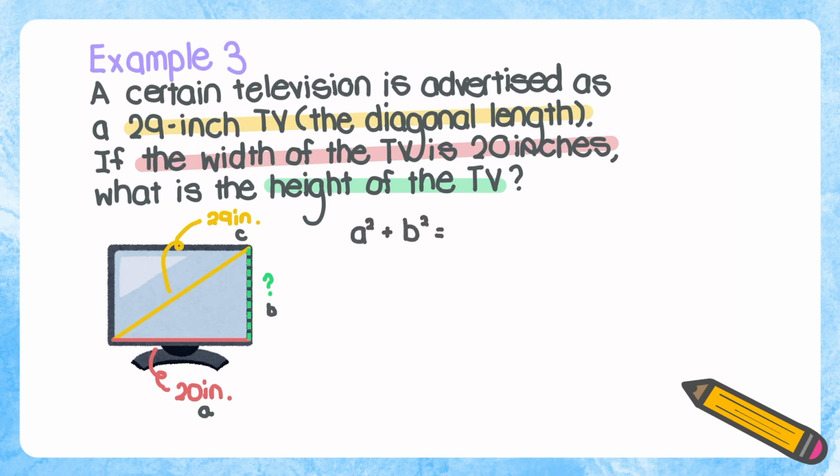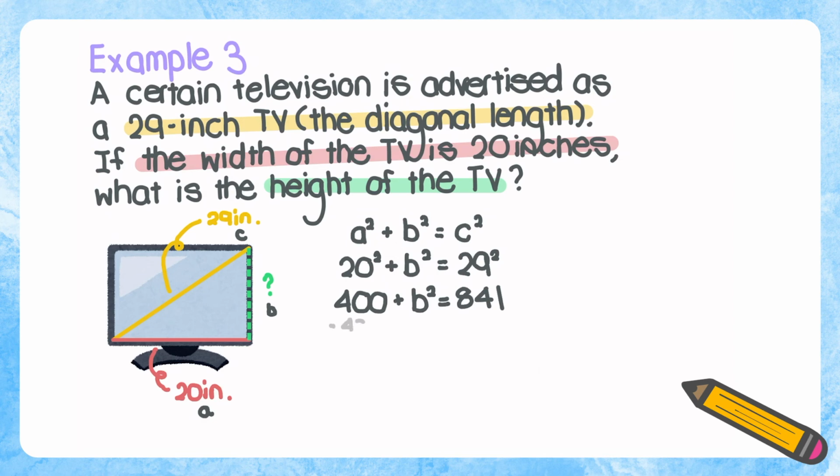I'm writing out the Pythagorean theorem here, and let's plug in the values we know. So 20 squared plus b squared equals 29 squared. 20 squared equals 400, plus b squared equals 29 squared, and I'm using my calculator here, so 29 squared equals 841.